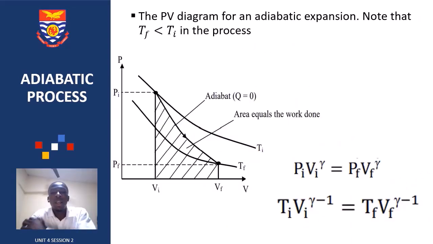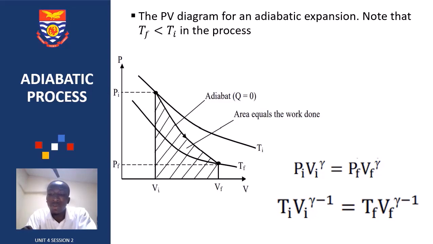On this PV diagram, such as the one that we've displayed here, the process occurs along a line called the adiabat that has an equation of P equals a constant over V raised to the power gamma.